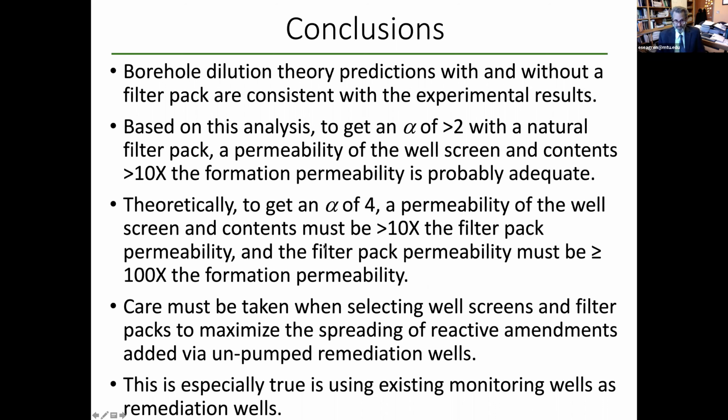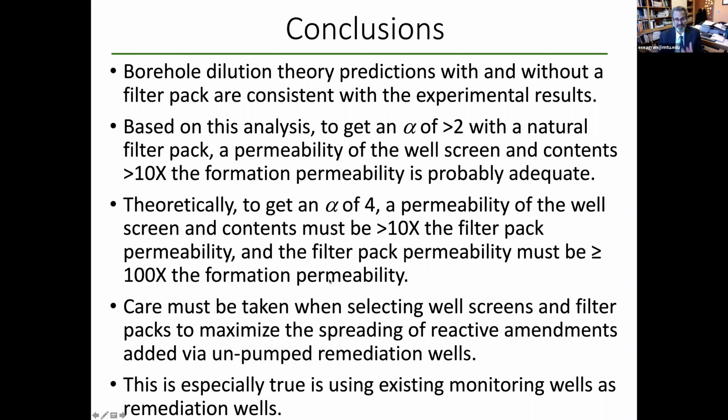If you have a filter pack, you can theoretically get an alpha of 4, but the permeability of the well screen and its contents have to be more than 10 times the permeability of the filter pack, and the filter pack permeability has to be more than 100 times formation permeability.